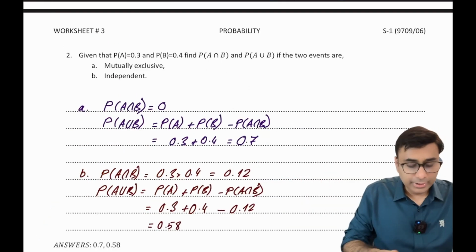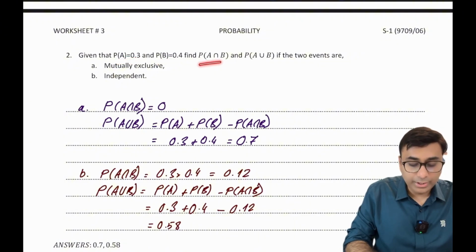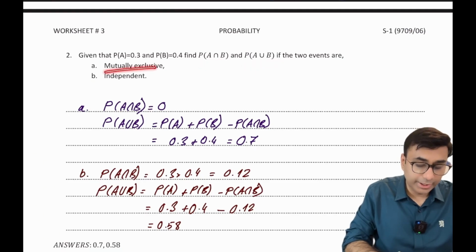Let's have a look at another example. I was given probability of A, probability of B. I had to find probability of A intersection B and probability of A union B if the two events are mutually exclusive.